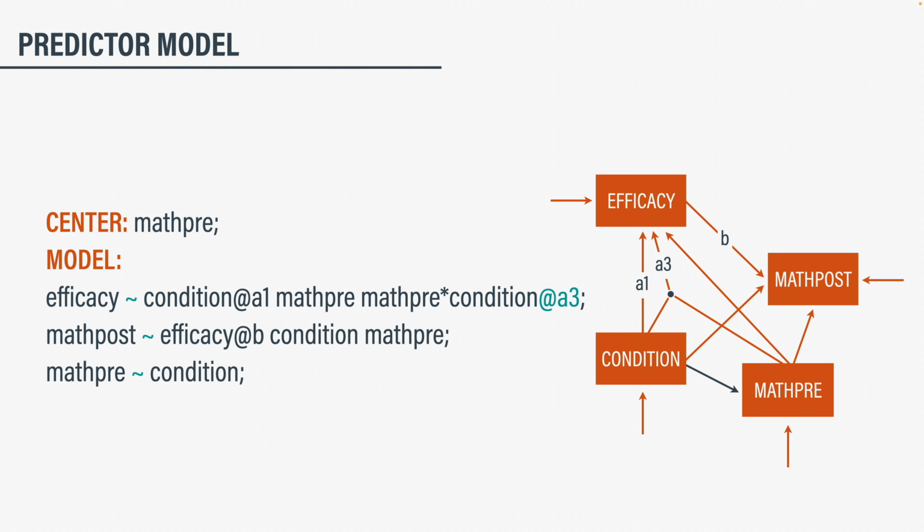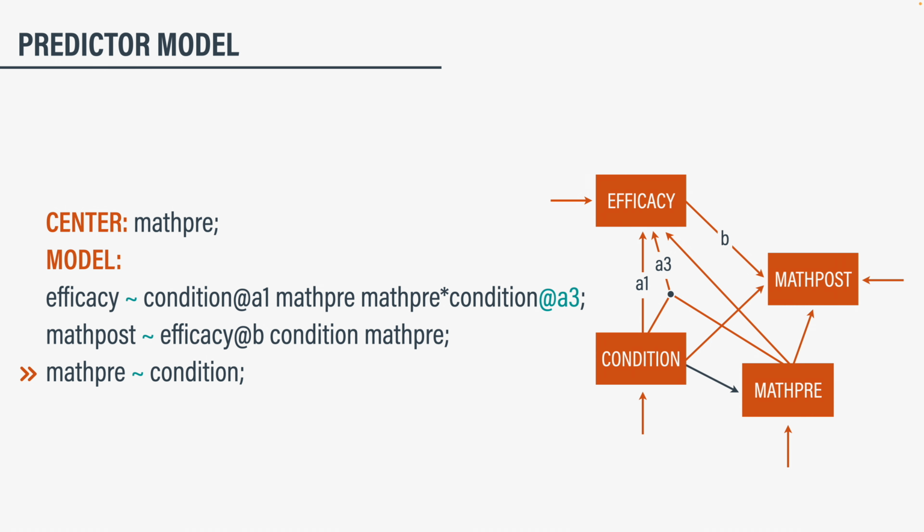The first thing I'm going to do is center the math pretest scores at the grand mean. And then next I'm going to label the interaction coefficient in the efficacy model. I'm going to do that so I can compute simple slopes later on. And then the third thing is that I'm going to override the default specification that assigns a bivariate distribution to the predictors.